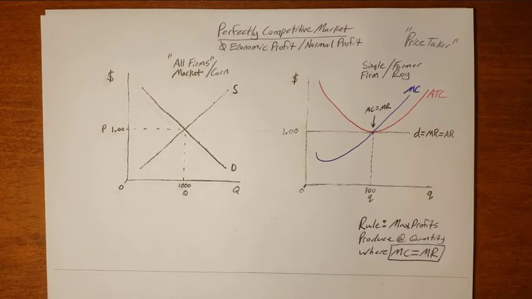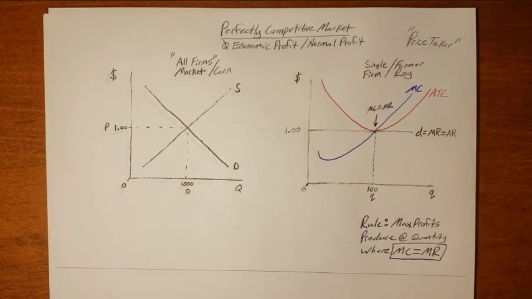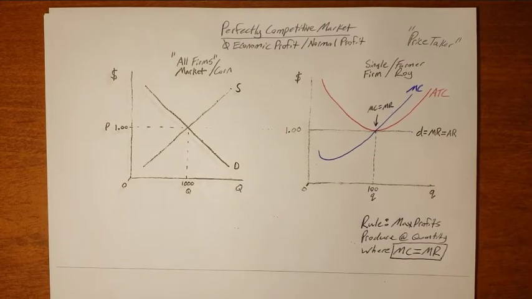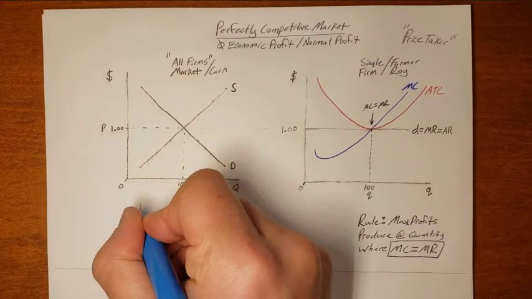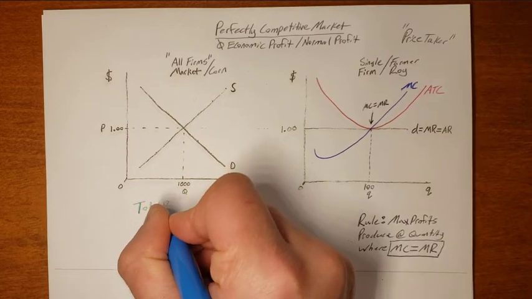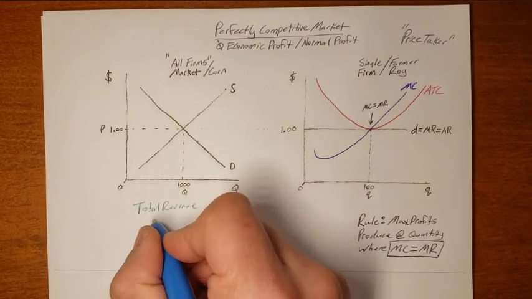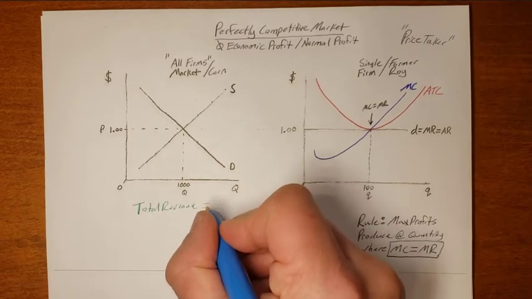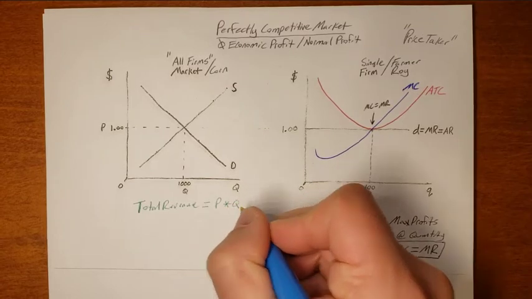Okay, so we will now want to talk about profit and loss, and we're going to have to talk about two concepts. First is the total revenue, and then the second is the total cost. So I'm going to start off by talking about total revenue here. The total revenue is going to be the price times your quantity.